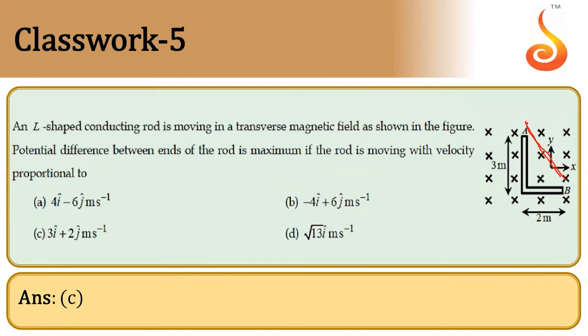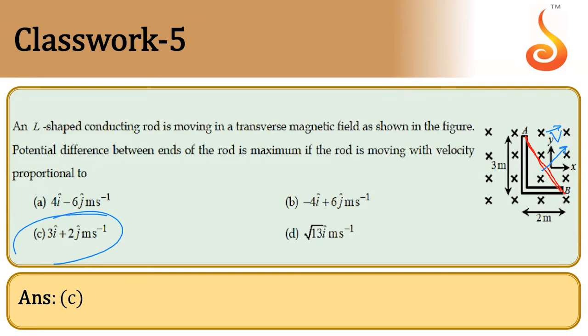When you replace that with a straight rod, then to have maximum EMF, velocity should be perpendicular to the straight line. That means velocity should be in the first quadrant. Only this option satisfies. So velocity should be perpendicular to the straight line, then only the EMF will be maximum.